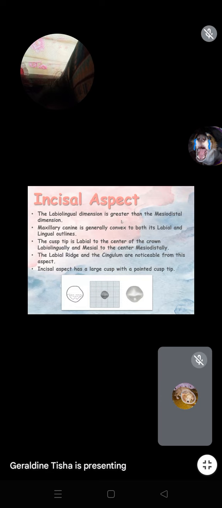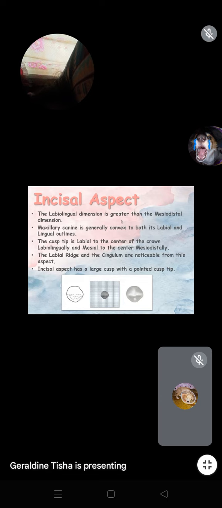We know what mesial and distal aspects are, right? And labial or lingual. In your carving of the central or lateral incisor, which dimension is greater, mesiodistal or labiolingual?